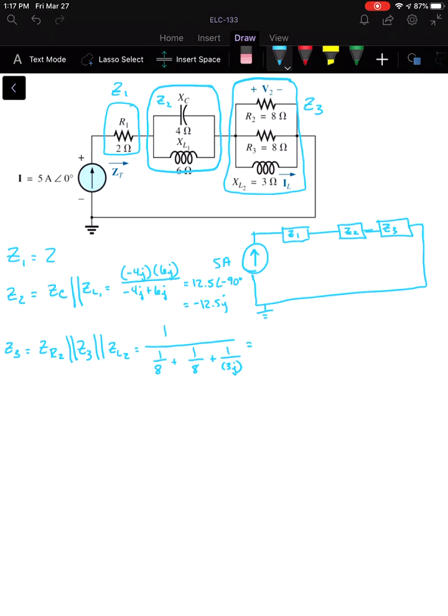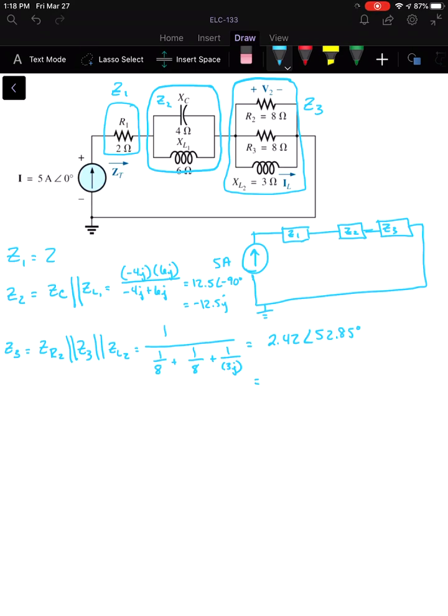Now I could have combined the 8 ohm resistors and then I could do product over the sums with the 4 ohm resistor that would result from that. But I'm going to do it this way instead. So what we should have there in polar form is 2.42 at 52.85 degrees.